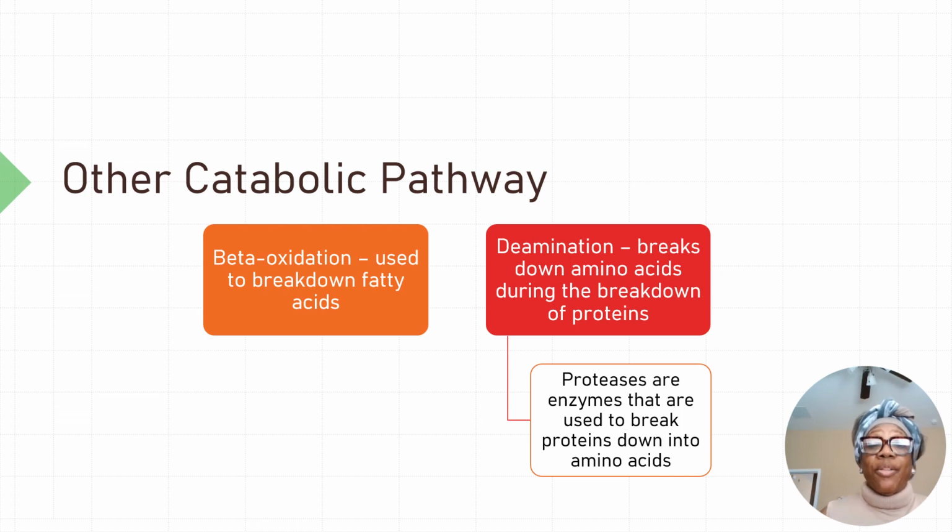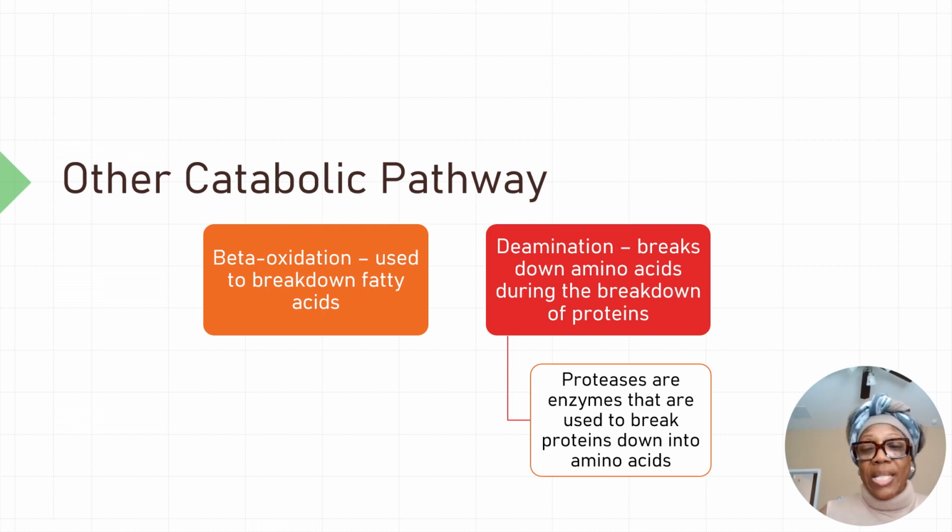But there are other catabolic pathways that exist, and we're not going to get into them other than just define them. There's what's called beta oxidation, and it's used to break down fatty acids. There's deamination, and basically what deamination does is it strips away amino acids during the process of breaking down proteins. You have the large macromolecule, which is the protein.